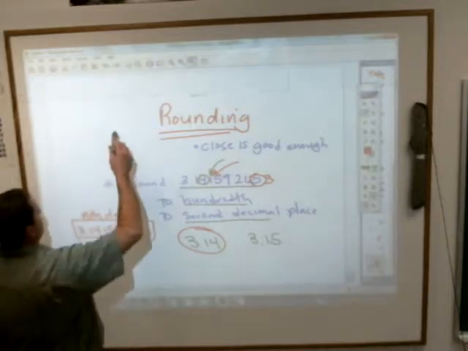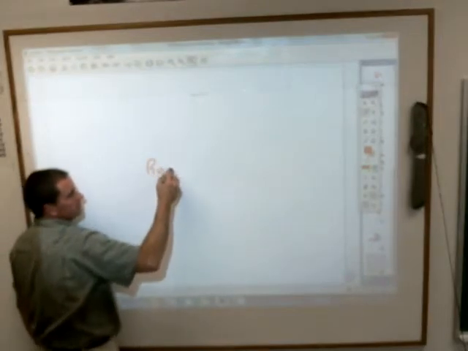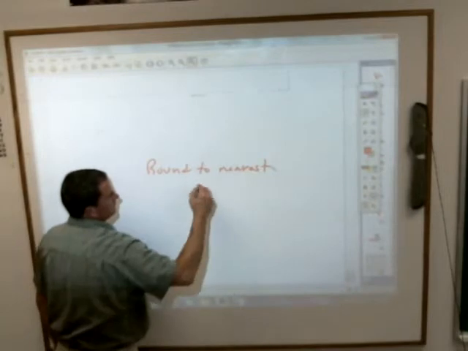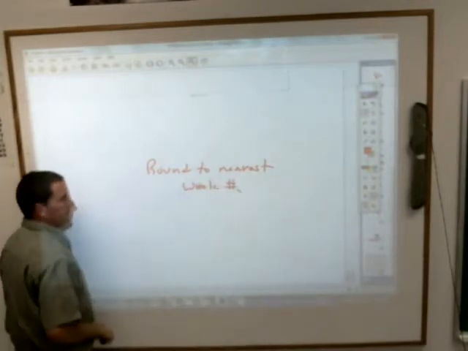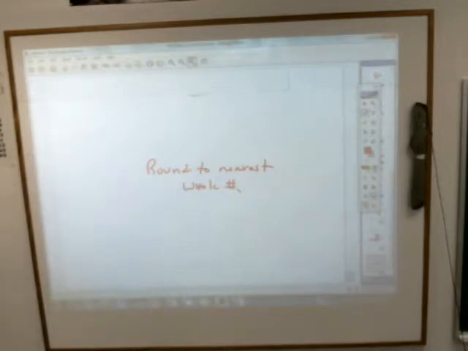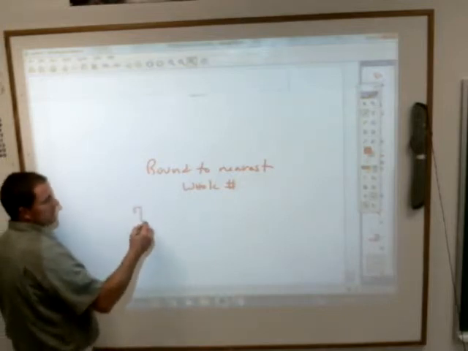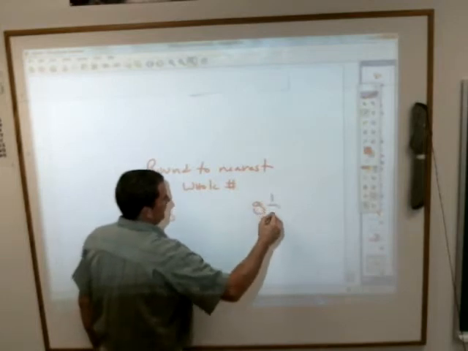Another example they might have is they'll say round to the nearest whole number. And now that you're very familiar with what whole numbers are, you know whole numbers are not fractions or decimals. So your choices would be something like this. What if I said 7.63 or 8 1/5?